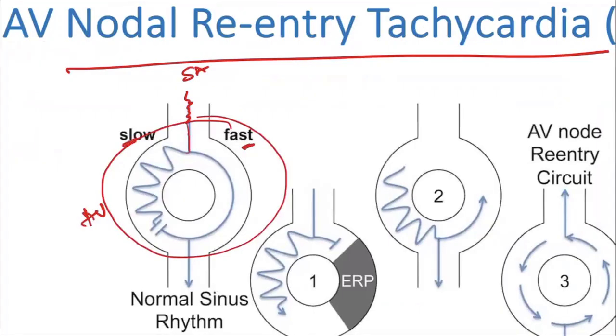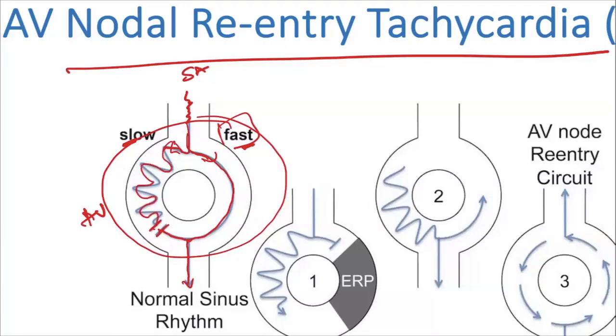Electrical activity enters into both the paths. As the name suggests, the fast path goes very rapidly, and some of the electrical activity goes down into the bundle of His, and some of the electrical activity goes into the slow pathway and negates, or basically cancels, the electrical activity which has entered into the slow pathway.